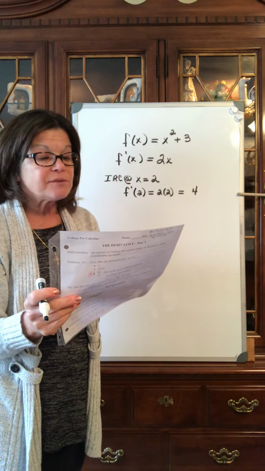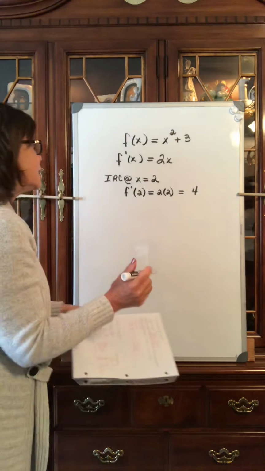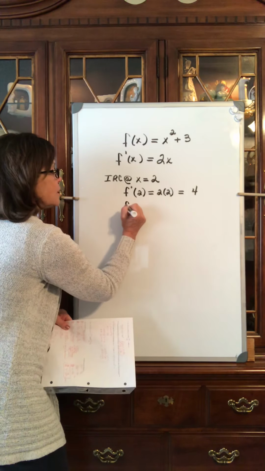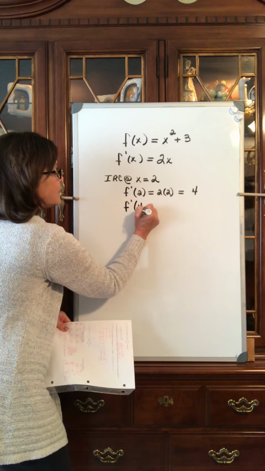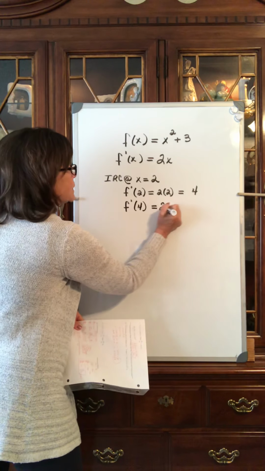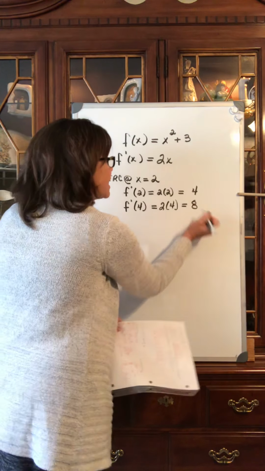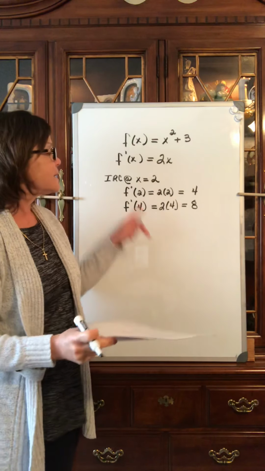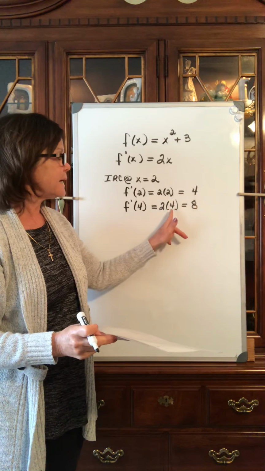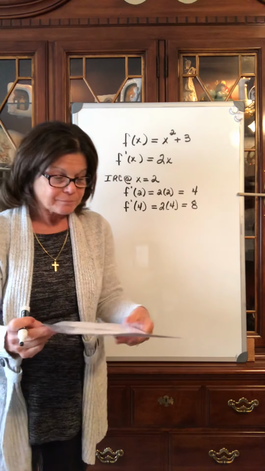You're also supposed to find the rate of change at x equals 4. So you plug 4 into the first derivative. It's going to be 2 times 4. So the rate of change, or instantaneous rate of change, means the same thing. At x equals 2 would be 4, and at x equals 4 would be 8.